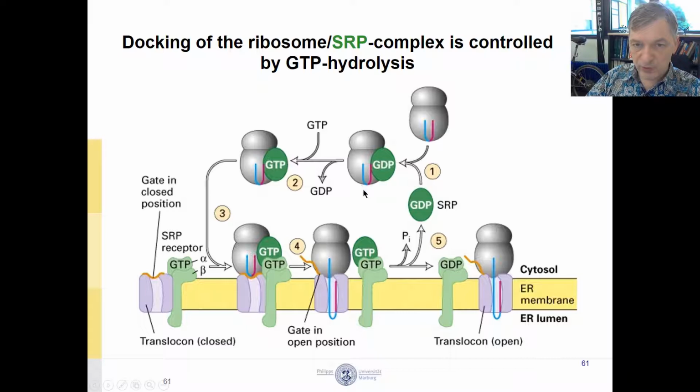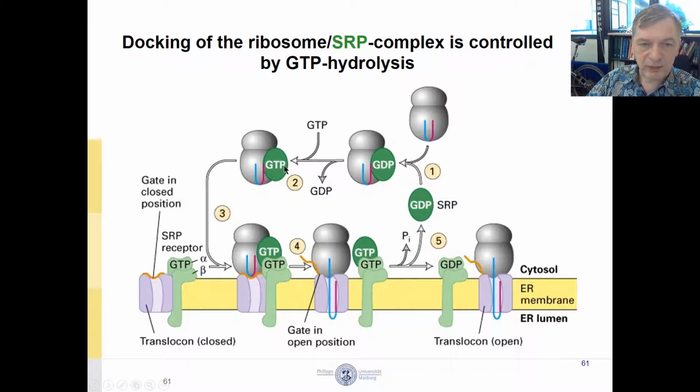So there's no further peptide growth happening. This arrested signal recognition particle ribosome complex undergoes an exchange of GDP to GTP, and now you see the signal recognition particle is a small G protein, as we have seen with p21-Ras. This complex is also structurally highly related to this class of proteins, same fold.